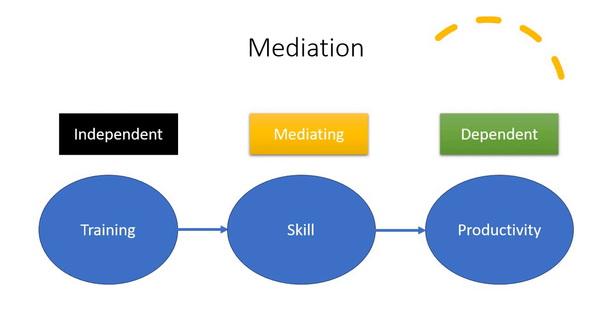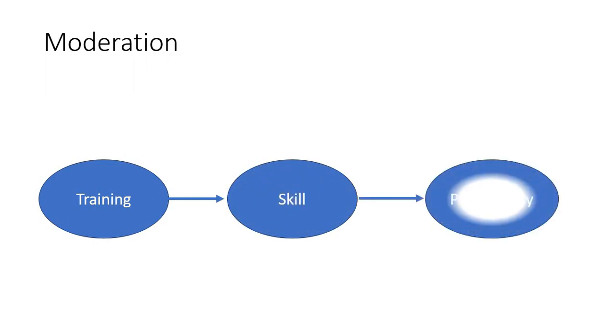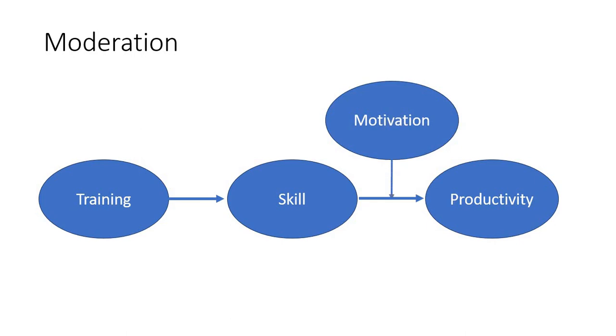But then you say, okay, this is also not the full story because the relationship between skill and productivity is not straightforward. It is not necessary that if the skill improves, productivity will also increase. How much the productivity will actually increase as a result of improvement in the skill will depend on something else, which in this case we theorize is motivation.